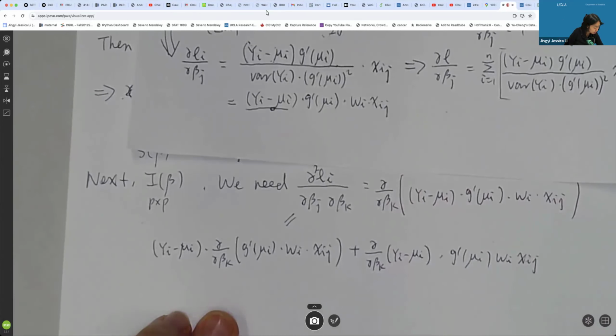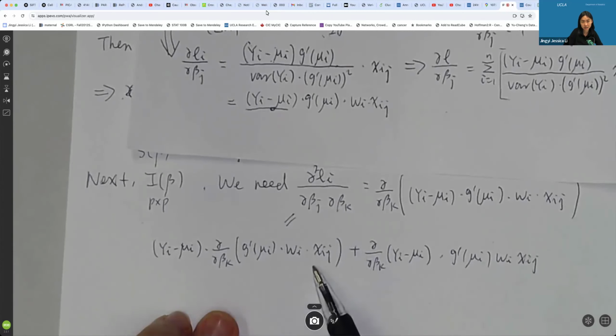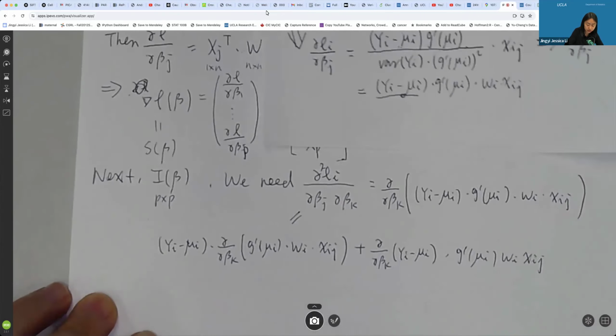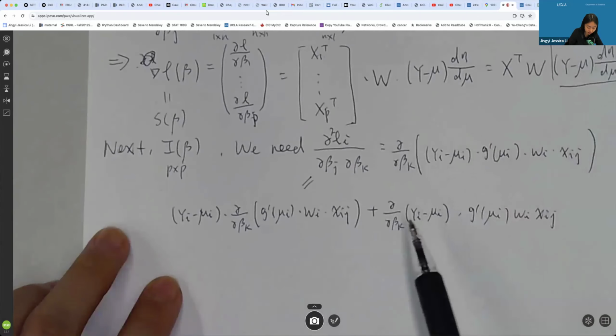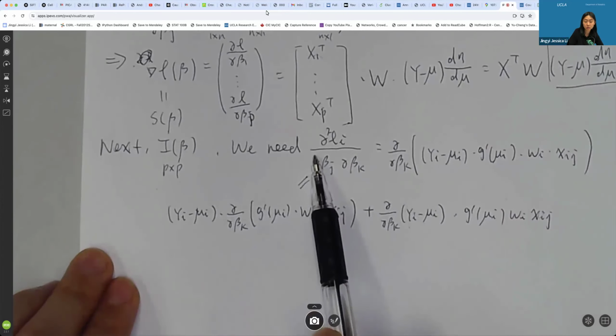Now we can go to Fisher information. You can see why changing this to expectation is so much easier for simplification, because Fisher information just needs the expectation of the Hessian, not the Hessian itself.